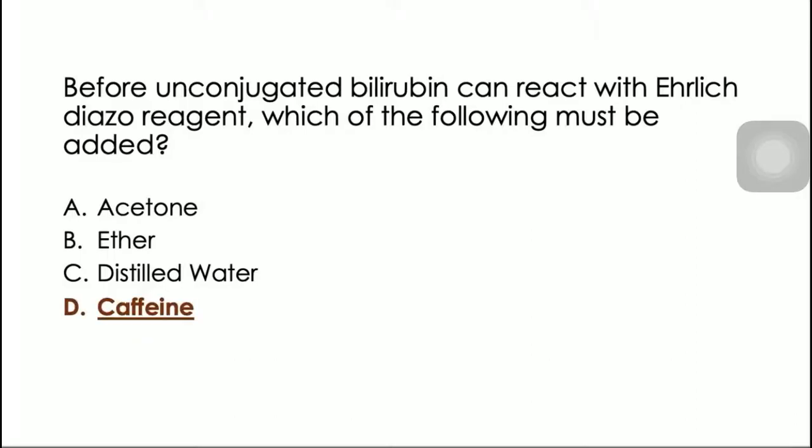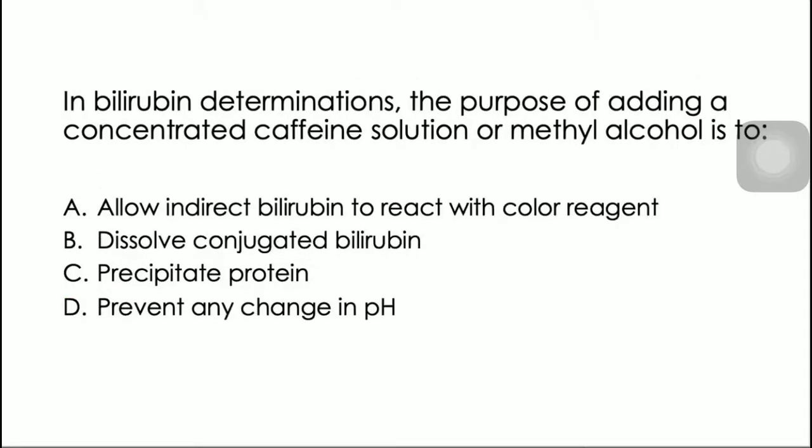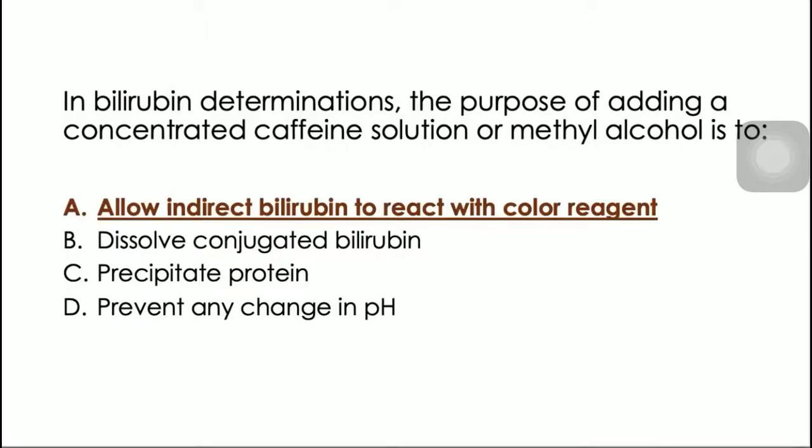So we have letter D, caffeine. So caffeine or caffeine sodium benzoate is used to accelerate the reaction of your unconjugated bilirubin with the diazo reagent to produce the azobilirubin. In bilirubin determinations, the purpose of adding a concentrated caffeine solution, again that is for Jendrassik and Grof, or methyl alcohol, that's for Evelyn and Malloy, is, letter A, to allow the indirect bilirubin to react with the color reagent.